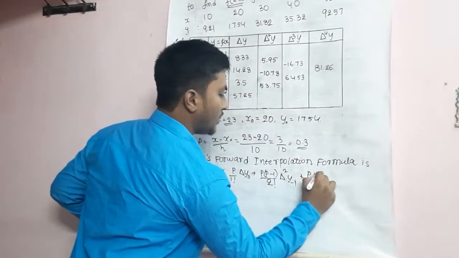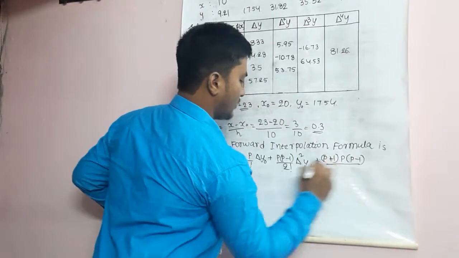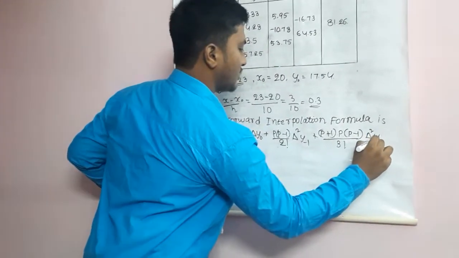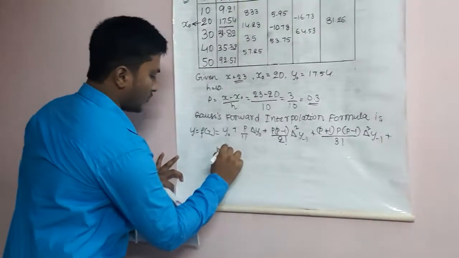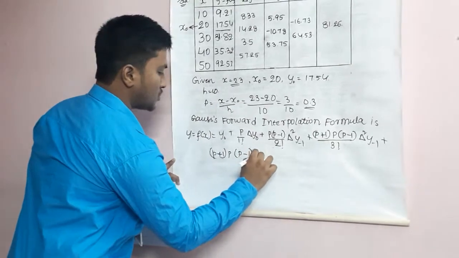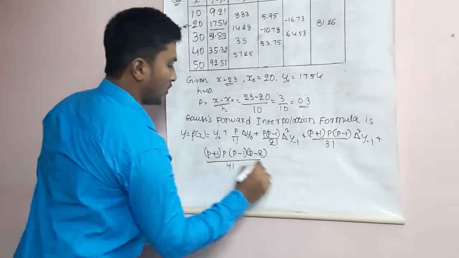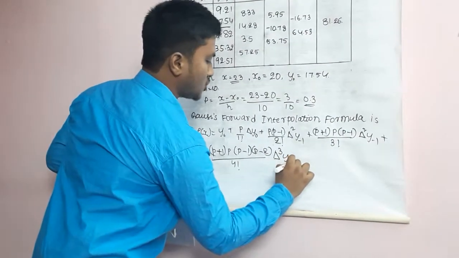So p plus 1 into p into p minus 1 by 3 factorial into delta cube y suffix minus 1 plus, next p plus 1 into p into p minus 1 into p minus 2 by 4 factorial into delta power 4 y suffix minus 2.